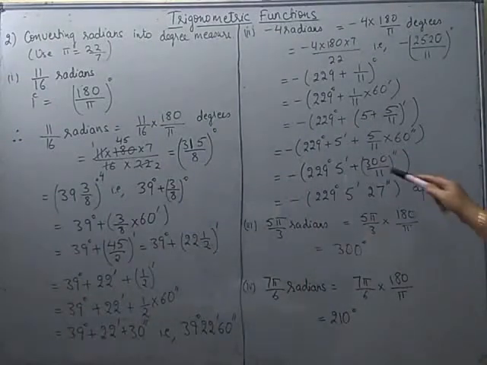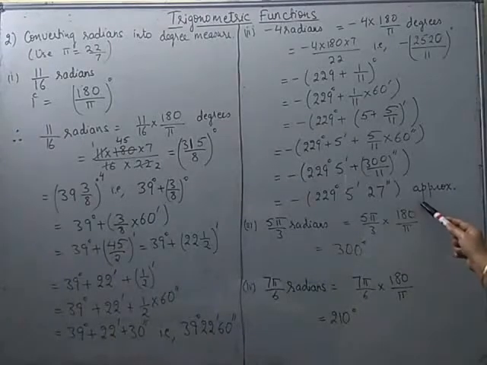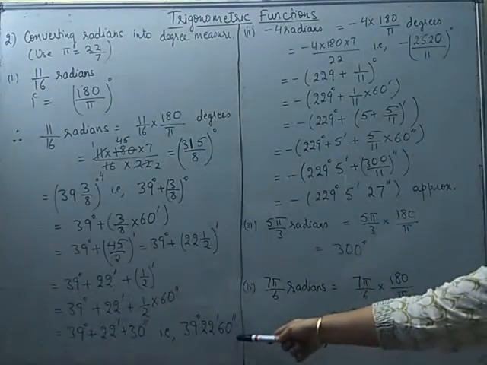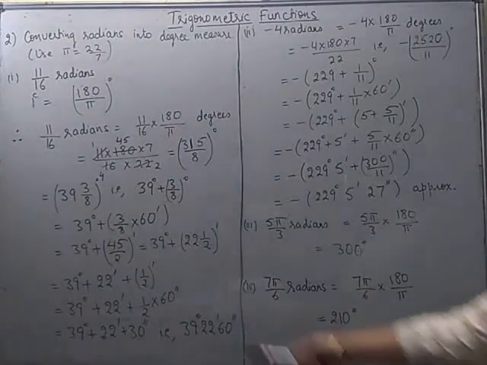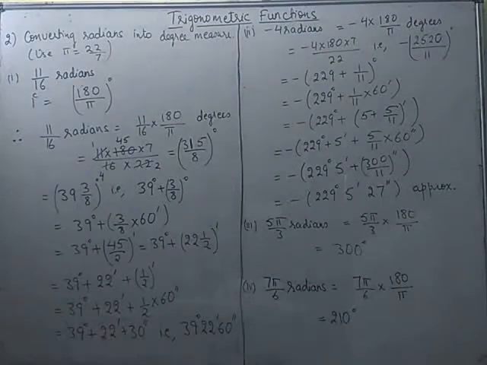Now when you look at this, you will find again 300 is not completely divisible by 11. So we can write it in approximation. Like the previous question, we are not getting the exact solution. If you see here 60 seconds were divisible by 2, but here 300 is not completely divisible by 11. So you can just divide 300 by 11.